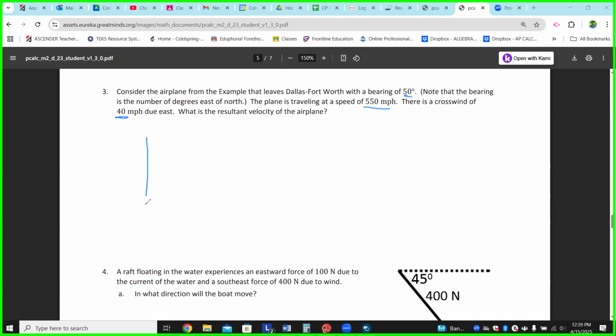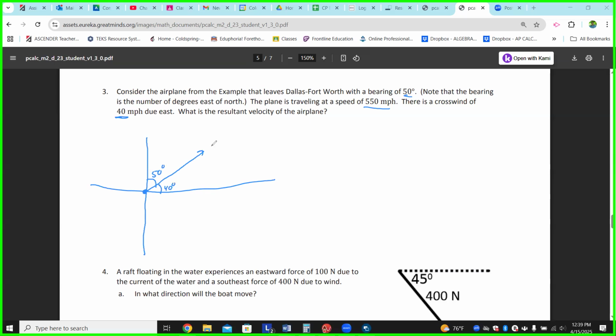So again, you can just use the regular drawing, but let's pretend that Dallas Fort Worth is our origin. Let's say that's the center of our space. It has a bearing of 50 degrees. We saw that that means this would be 50 degrees, so this is 40 degrees.